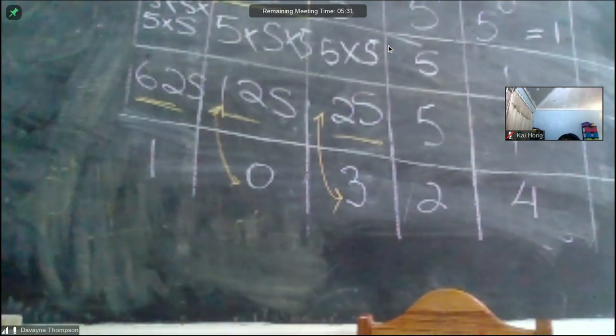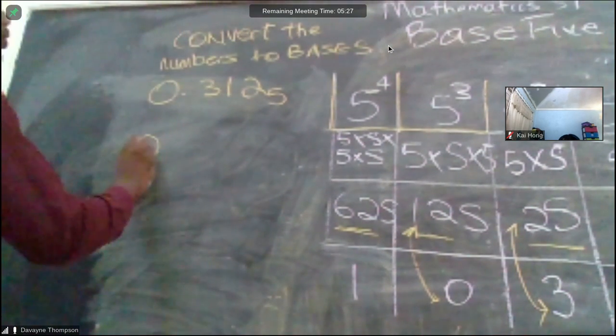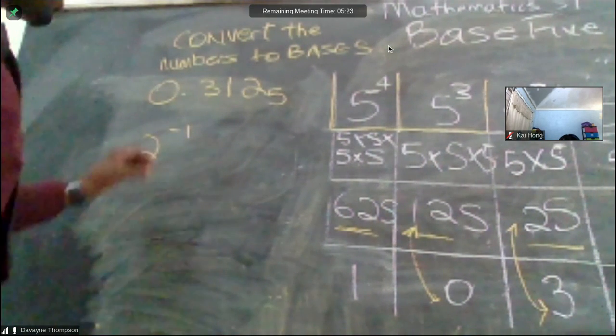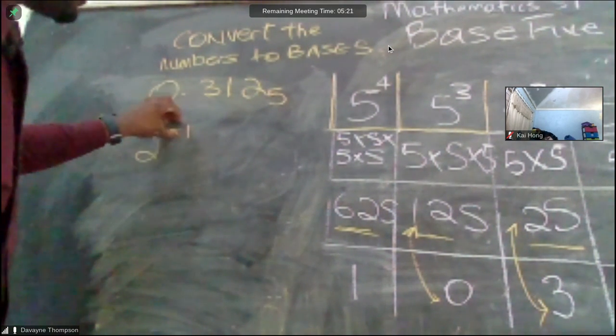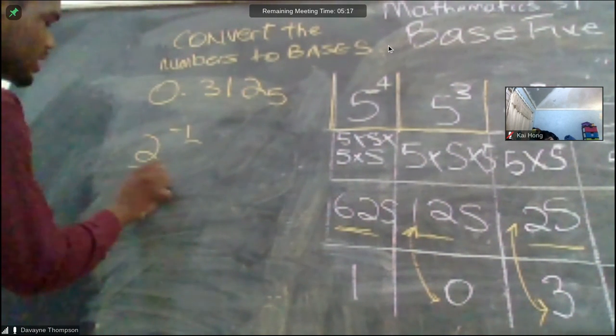Okay, the first question goes to Emma. Emma, what is 2 to the negative 1 as a fraction? Remember the negative sign is going to be like a division bar. This is going to be your numerator and this is going to be your denominator.